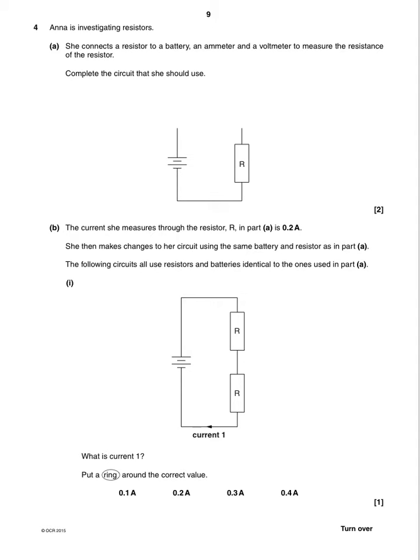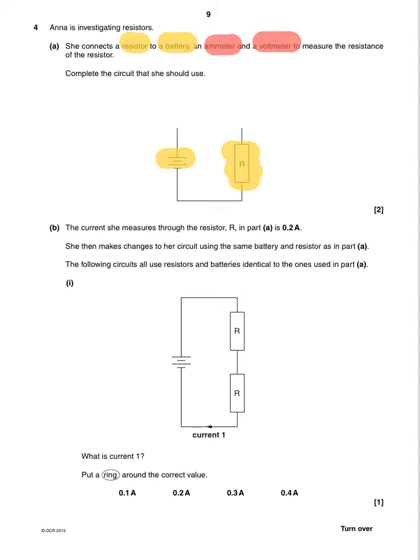So one of the key things is that we have a battery already, we have a resistor already. So this question is essentially asking us to draw in an ammeter and a voltmeter. And the thing you've got to remember is, are they connected in series or in parallel?